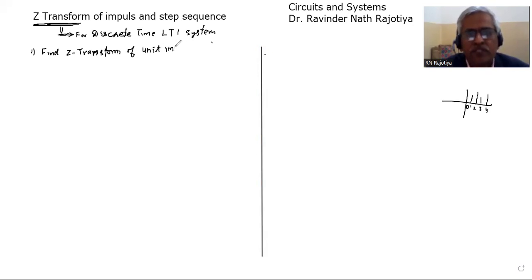Question 2: find the Z transform of a unit step sequence.